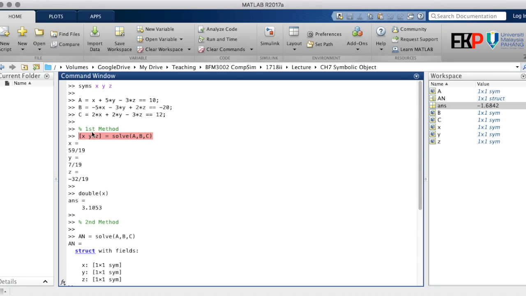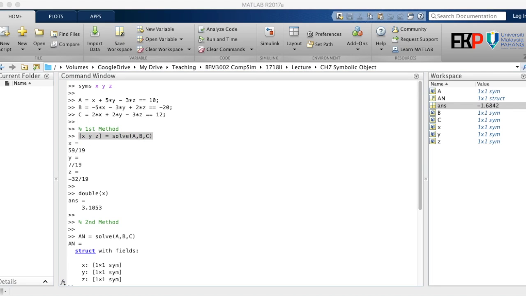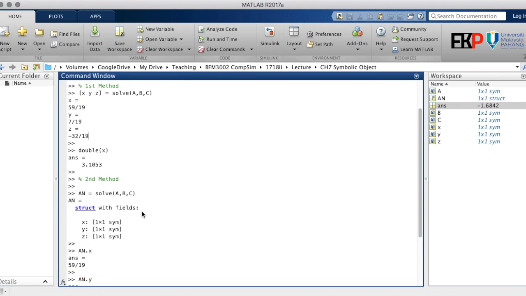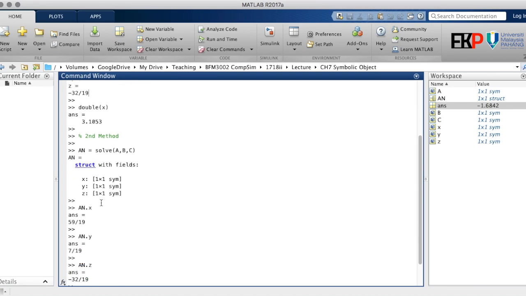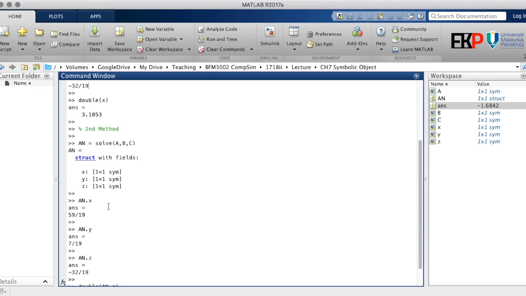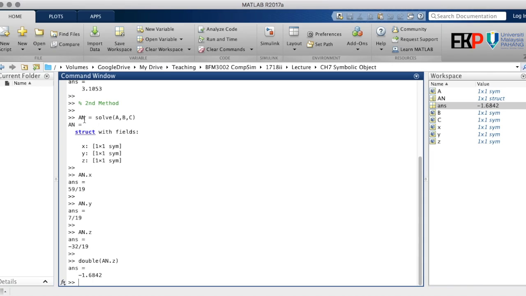We will get the answer in the form of an array x, y, and z. And the second method is known as the structure method. We will get this in the form of a structure with fields, okay? And to display the answer, we type in the variable dot x, dot y, and also dot z.